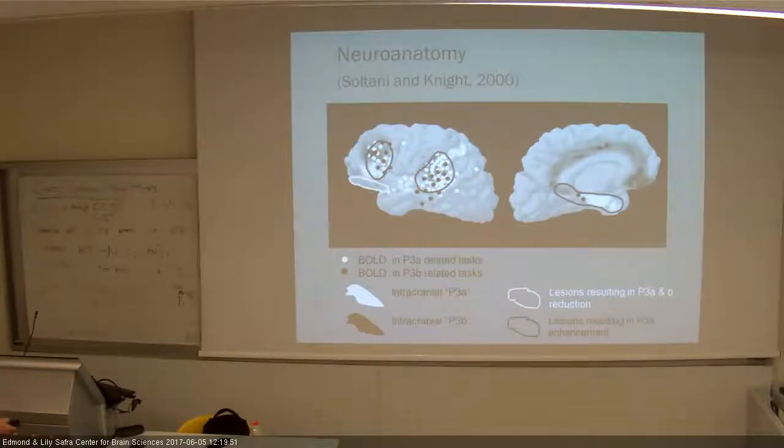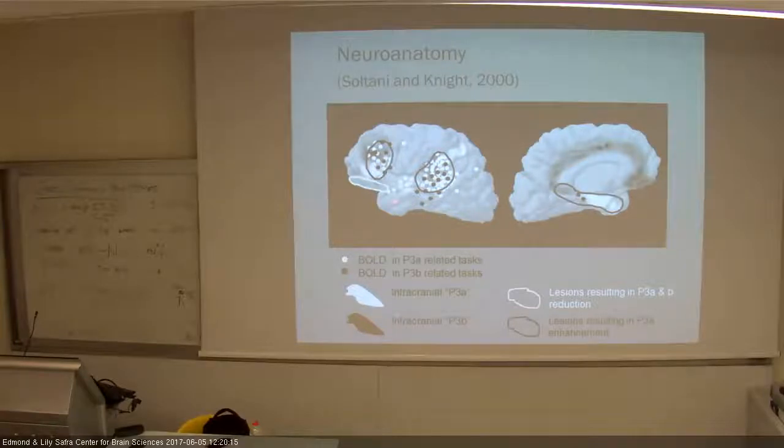So these are the white and the black contours, and then the shadings. You see sometimes like a white shading over here or a black shading over here. These are data from intracranial recordings from ECoG, okay, where patients had actually electrodes over their brains before epileptic surgery.